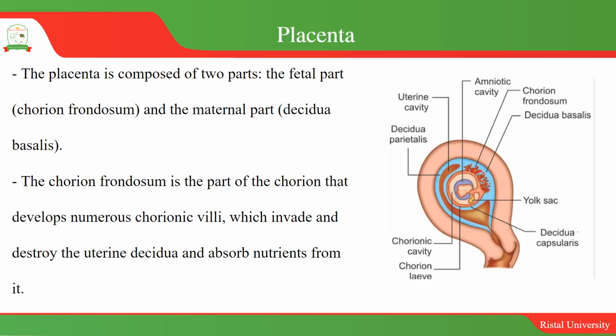The maternal part is called the decidua basalis, and then the fetal part is the chorion frondosum. Okay, so the frondosum is the part of the chorion that develops the numerous chorionic villi, which actually invade and destroy the uterine decidua and absorb nutrients, what you see here. Okay, the chorion frondosum.